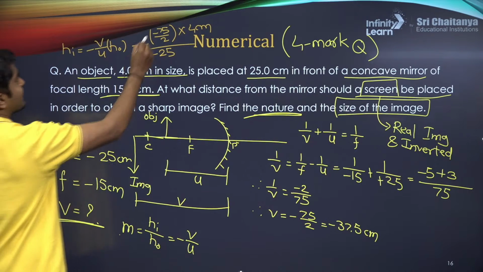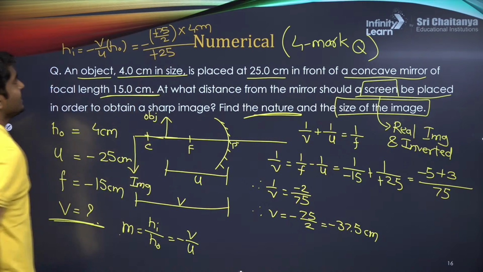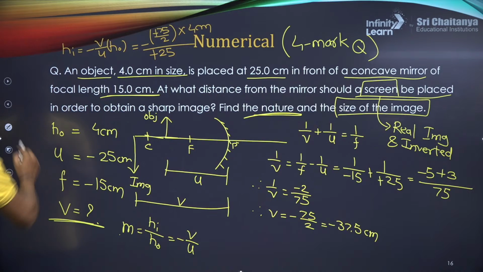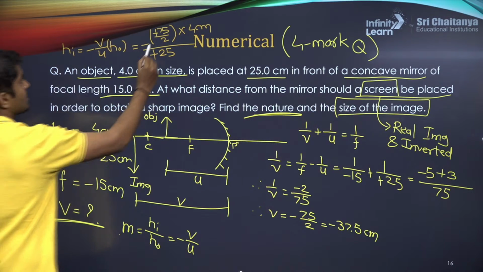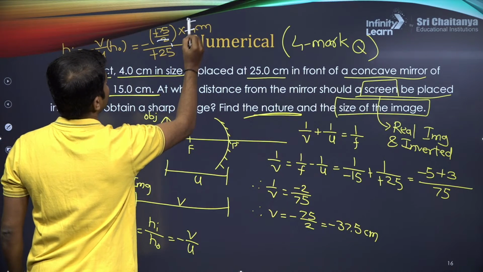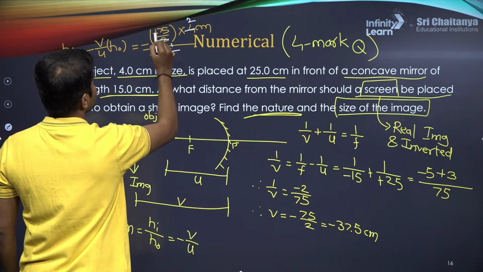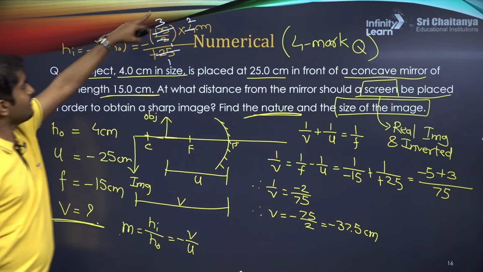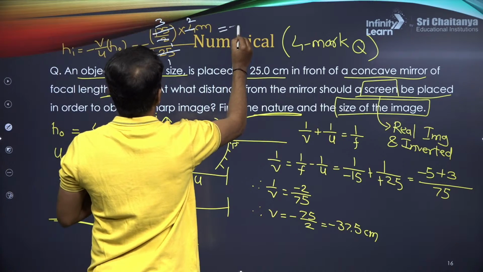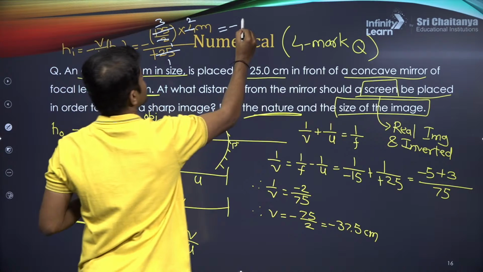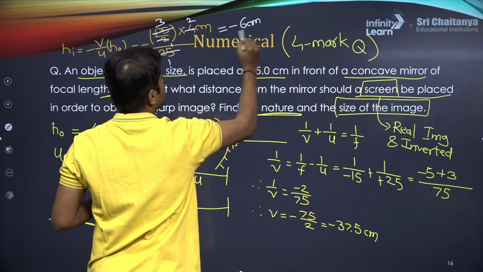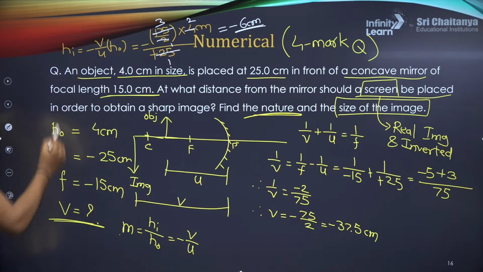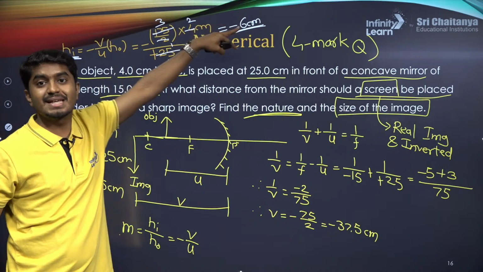Now you can cancel this minus minus sign. So what you will get is this 2, you can cancel it out. So 2 into 1, 2 into 2, and this 25 into 1, 25 into 3. So what you will get is this 3 multiplied by 2, and there is a minus sign here, so minus 6 centimeter. So this is the height of the image. What is the height of the image? Minus 6 centimeter.